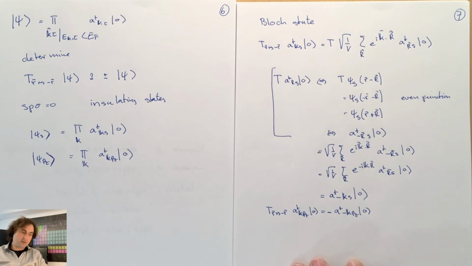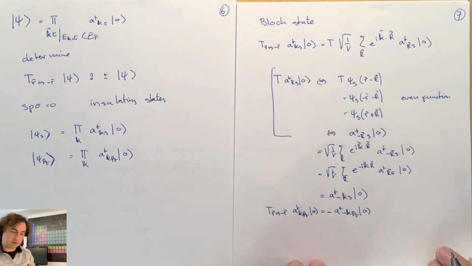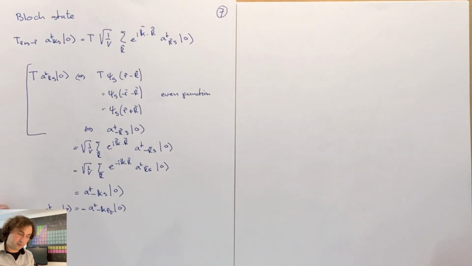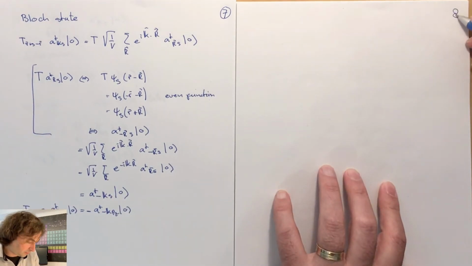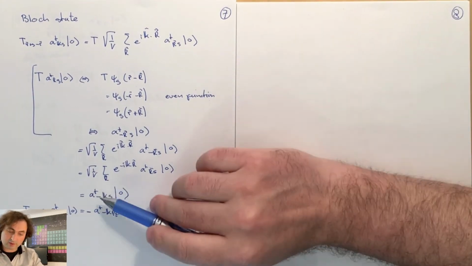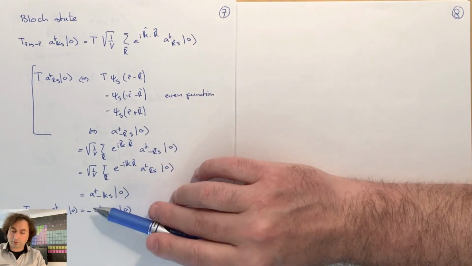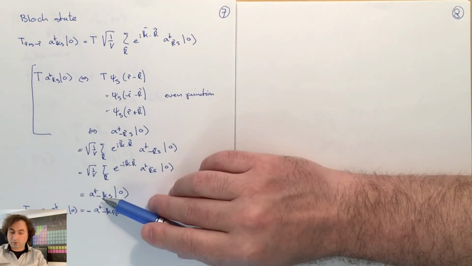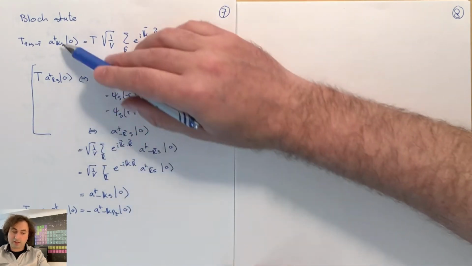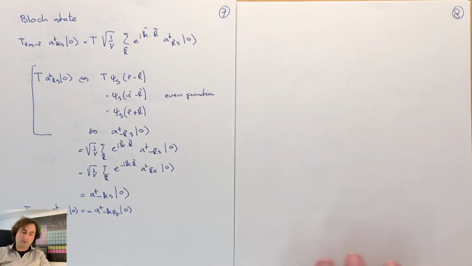So we see that these states are not just even and odd. For an even and an odd state, this should have been the same, but we get, of course, a plus or a minus sign, but also a change in the state that we have. For symmetries and point groups, that's perfectly fine.